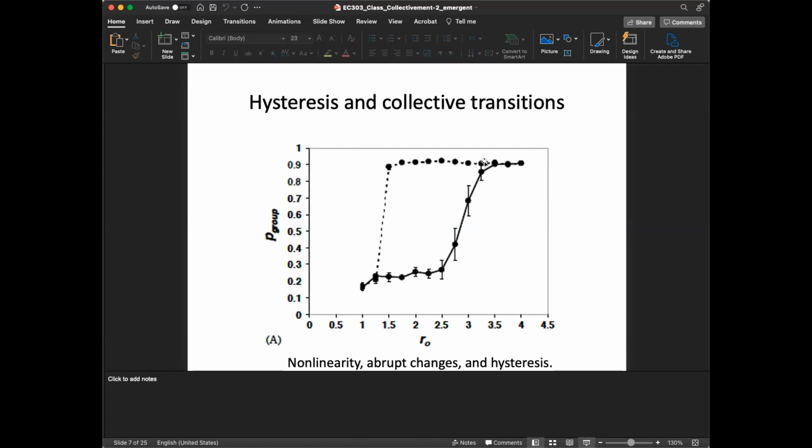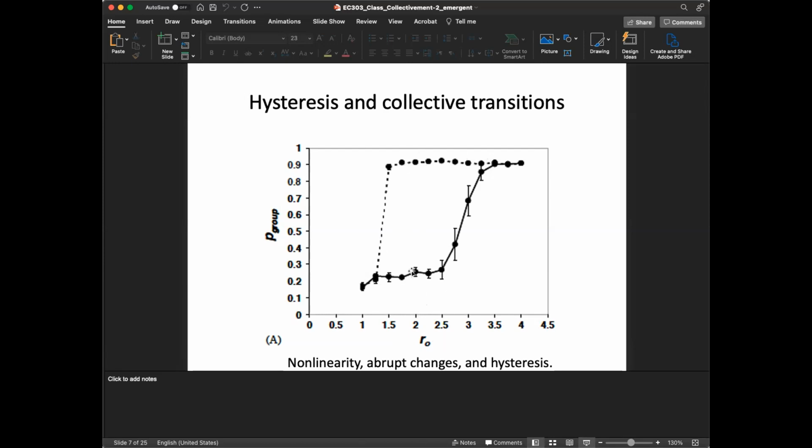So once a group is already in a polarized state, even if you reduce the R0, the group continues in a highly polarized state until it undergoes another sharp nonlinear transition. So what this basically means is that there are two possible states that can happen in terms of collective motion: a low polarized state and a high polarized state.